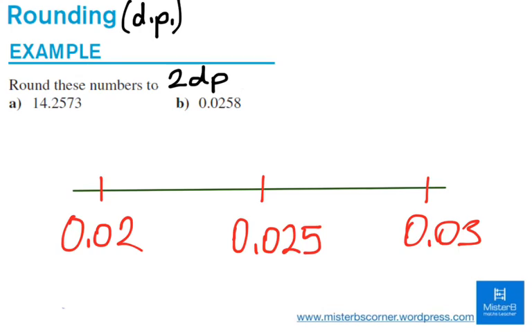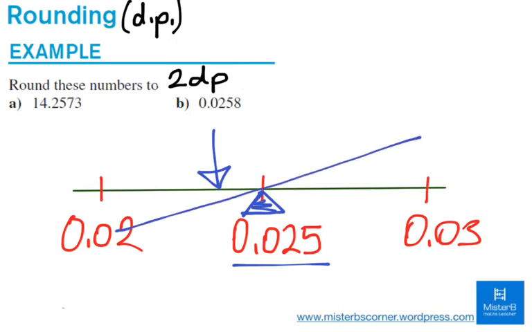Now consider this as a seesaw. If you have 0.025 in the middle, and your number is on this side of the seesaw, of course it's going to go like this, showing this number, which is 0.02. This is the number you have to round to. So if your number is, say, 0.023, which would be here, then the seesaw will be on this side, showing this number.